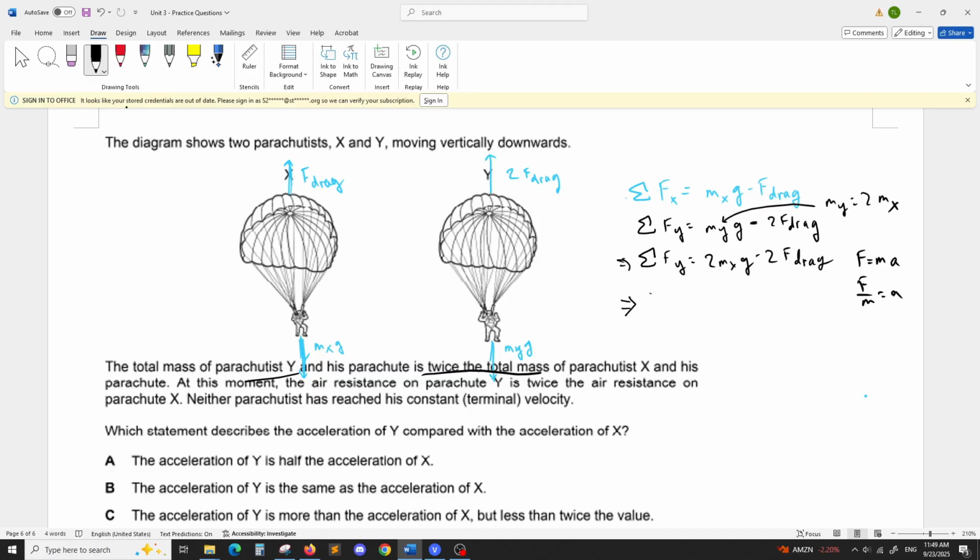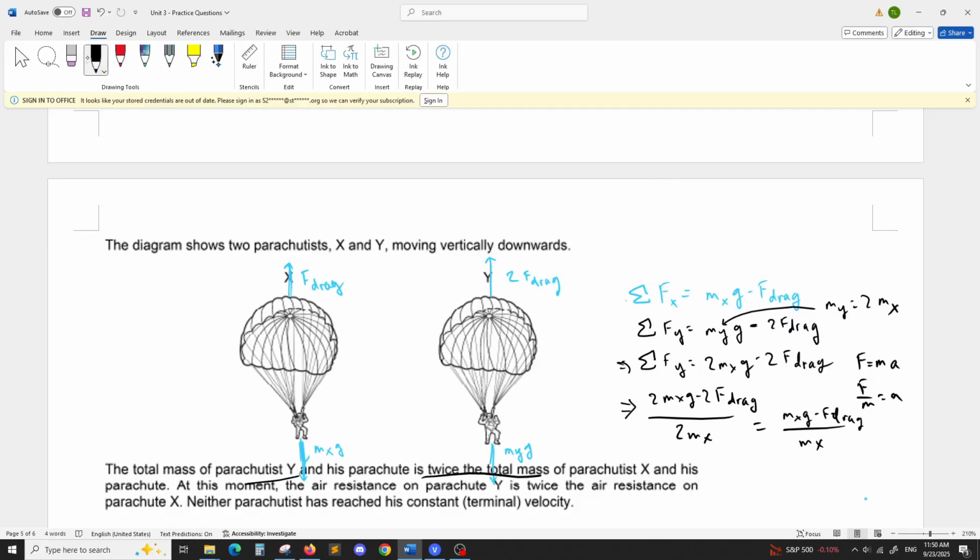So we take 2mxg minus 2 F drag over my, which, if we substitute it in, is 2mx. This becomes mxg minus F drag over mx. And then I have to calculate the acceleration of the X parachutist.